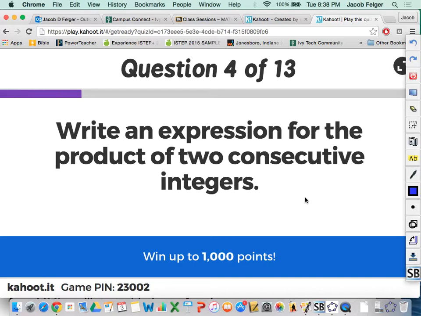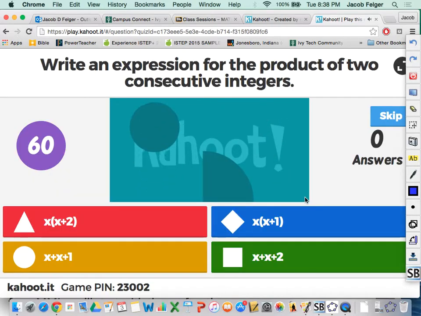Write an expression for the product of two consecutive integers. This is something that you might see next week.